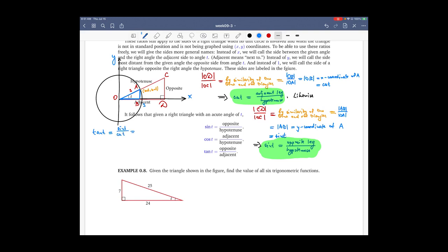If we now write sine as the ratio of opposite leg over hypotenuse, and cosine as adjacent leg over hypotenuse, upon the cancellation, we get that tangent t is simply the ratio of opposite leg over adjacent leg.